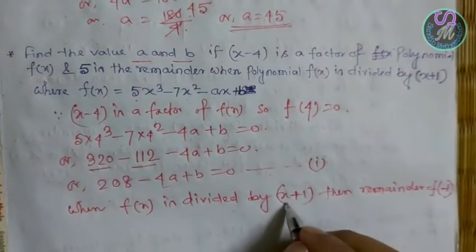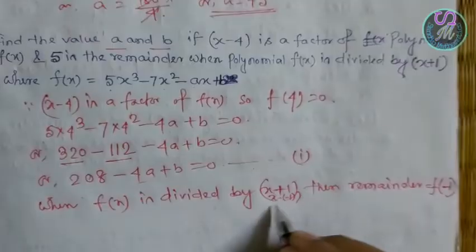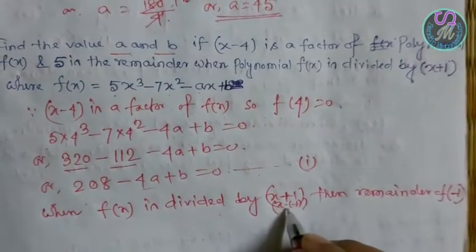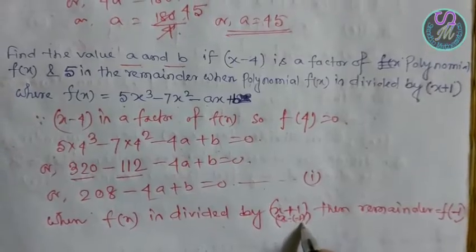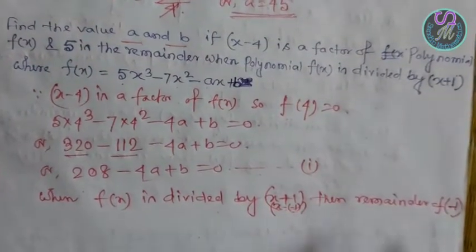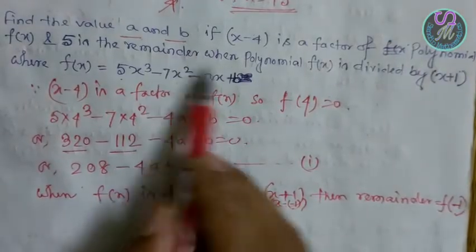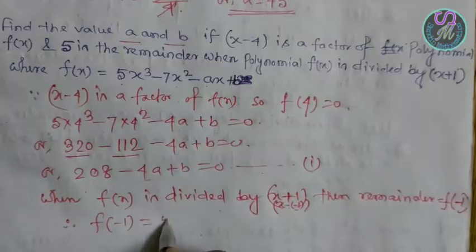Here x plus 1 means we have to write x minus minus 1. Okay, x plus 1 means x minus minus 1. So here the x minus a means minus 1. So that's why this one is f of minus 1. And remainder is f of minus 1, and in the given question 5 is the remainder. That's why we have to say that f of minus 1, this one is equal to 5.